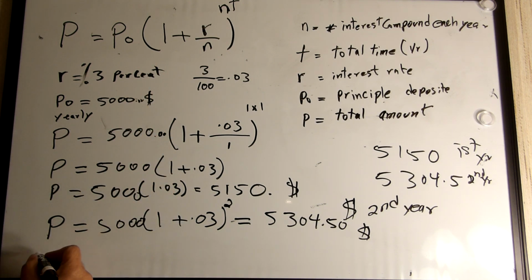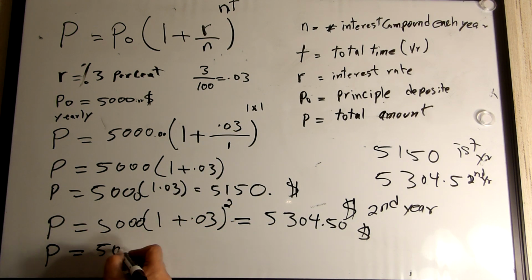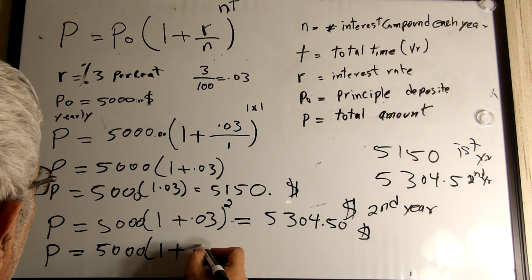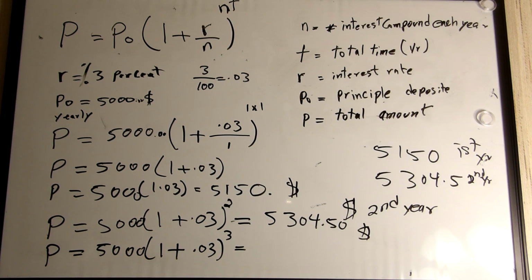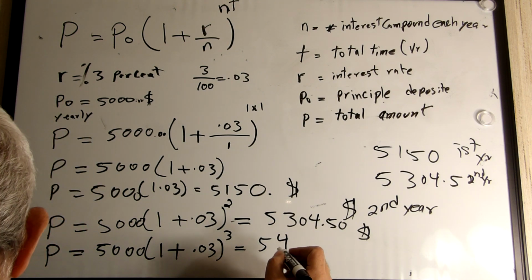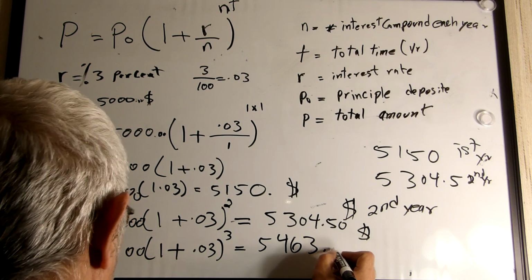If you want to find it for the third year, at the end of 3 years, you are gonna have 1.03 to the power of 3 times 5,000. 5,463.6.